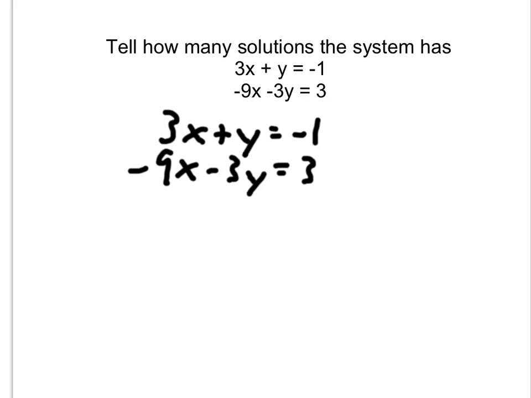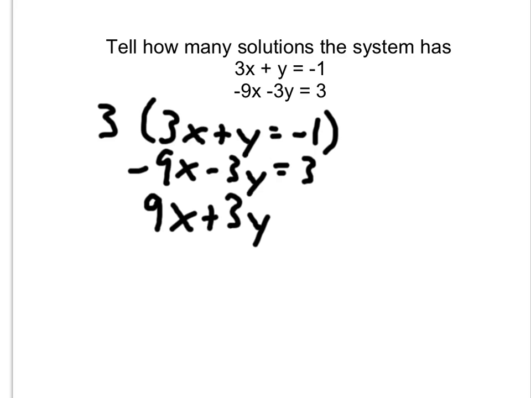I'm going to solve this one by elimination. I'm going to multiply this top equation by 3, so that way I'll have opposite y coefficients. So 3 times 3x is 9x plus 3 times y, and 3 times -1 equals -3. Now I'm going to combine these.